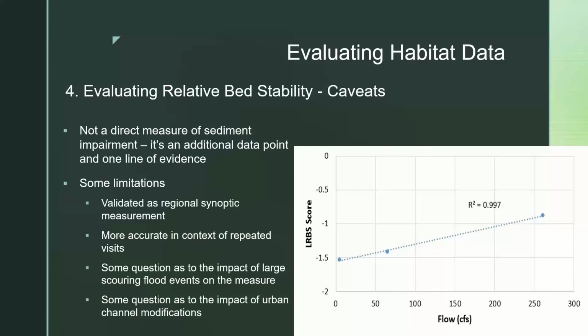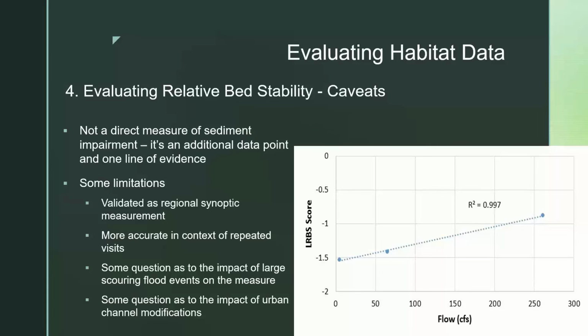Those numbers increased as flow increased, and particularly after a large flooding event, those scores were much better. Why would that be the case? A large scouring event is going to remove sediment from the stream. If we do the bed stability analysis after that scouring event, it's going to look like the stream isn't holding as much sediment as it maybe did a month ago. So there are some timing elements that can influence the relative bed stability measure.